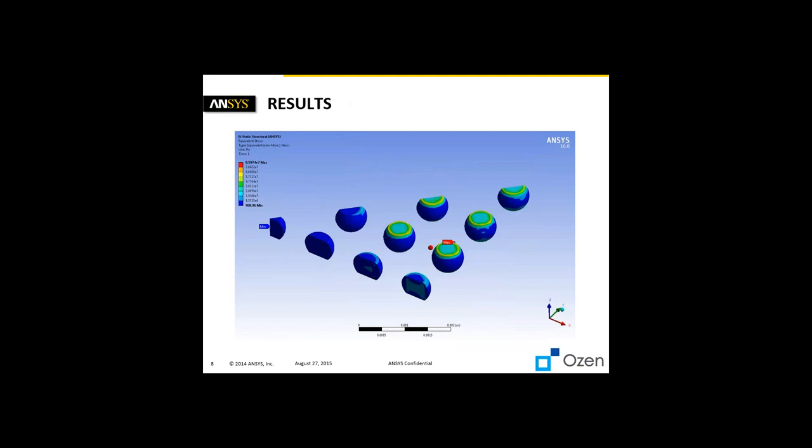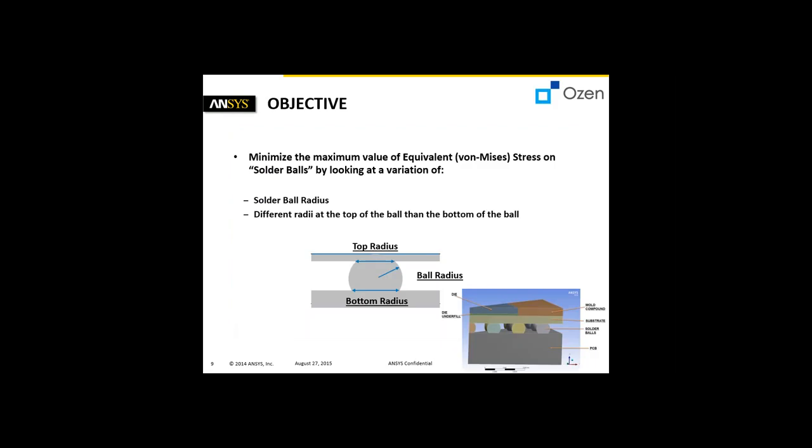Due to shearing, these balls get sheared and you get a lot of stresses in them. So in problems like this, you want to reduce the stress and the damage done on these balls so that these BGA connections have longer life.